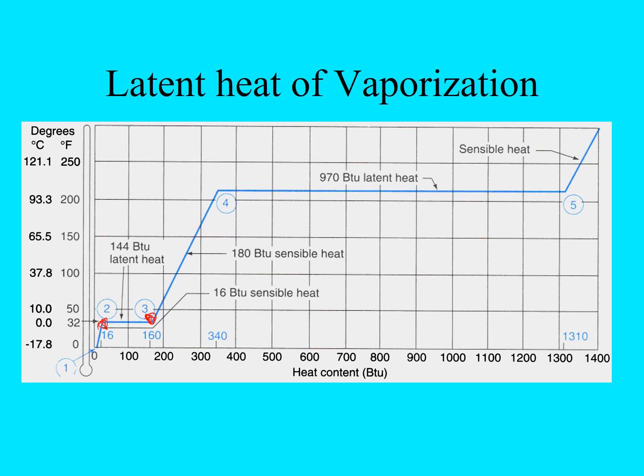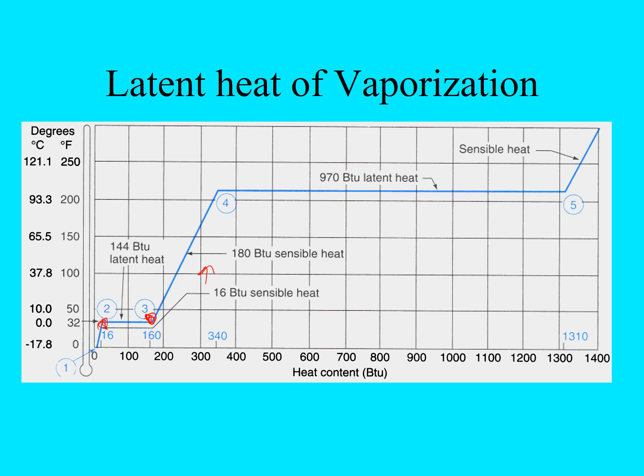So once we have all liquid, any heat added after that will make a sensible heat change. As we continue to add heat after point 3, now we're going to have an increase in temperature, okay, as we add more heat content to this pound of water.